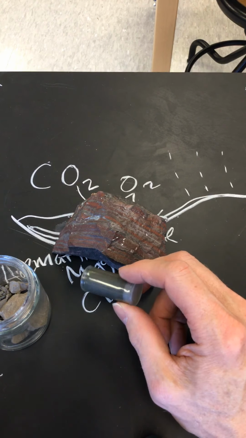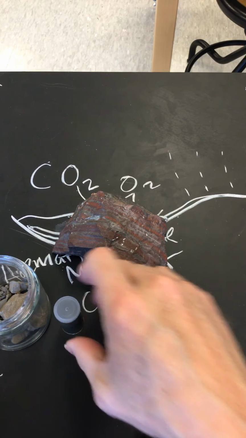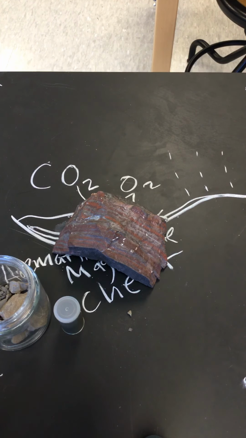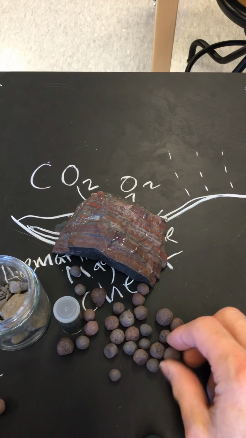And so that comes out, and then you're left with this powder, which is then combined with a little bit of clay and rolled around to make these, which are taconite pellets. And these pellets are what we now ship around the world.